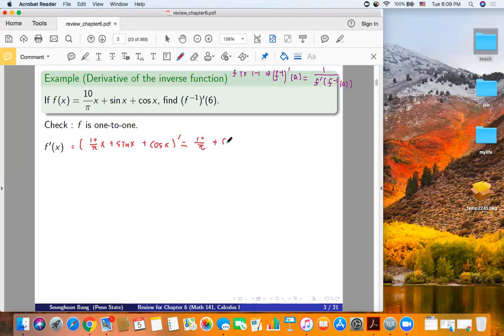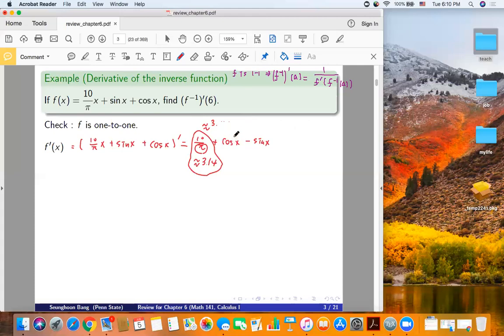The derivative of sine is cosine, and the derivative of cosine is negative sine, right? So what happens? Pi is approximately 3.1 something. So what is 10 over pi? I don't know the exact number, like 3 point something.